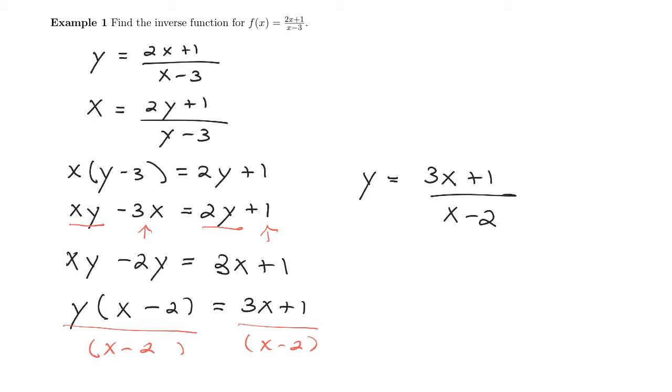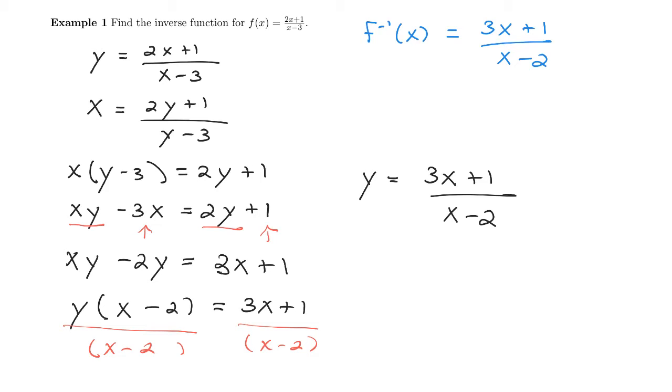And maybe just to write this up at the top, the notation we were using is, if my original function is f, then f to the negative 1, that symbol just indicates that I have found my inverse function. So it's (3x plus 1) over (x minus 2). And there's a lot of things to point out with this example.